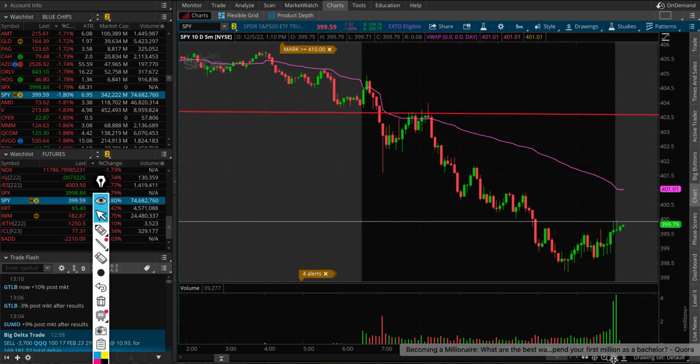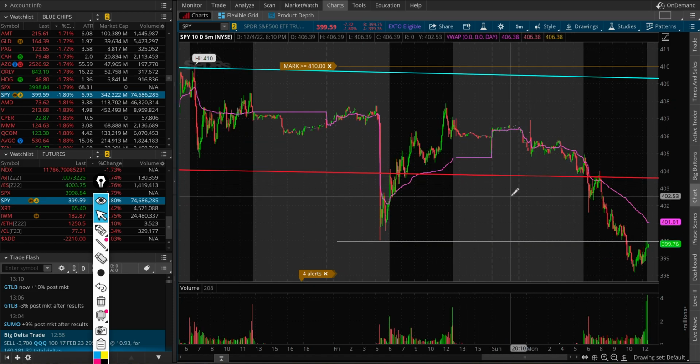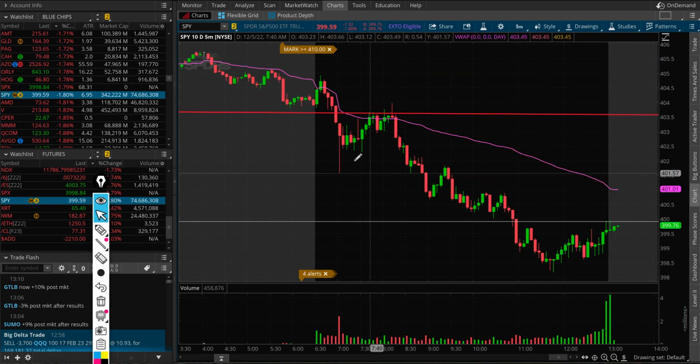These gray zones on the chart are pretty much pre-market and after-market hours, right? So I look at the average true range, basically the range that SPY has been moving for the past 14 days. That's my setting. By looking at that number, I can measure from the high of the day.